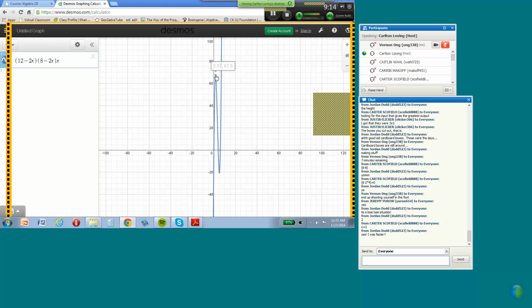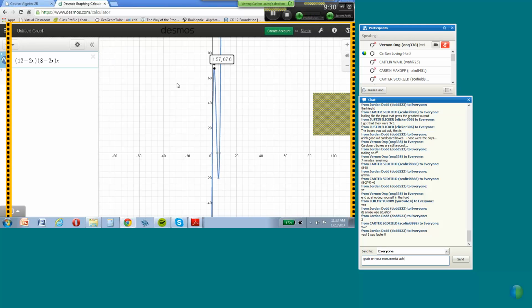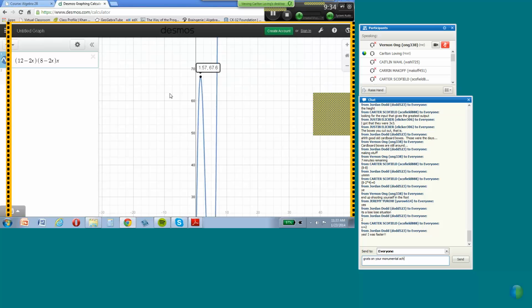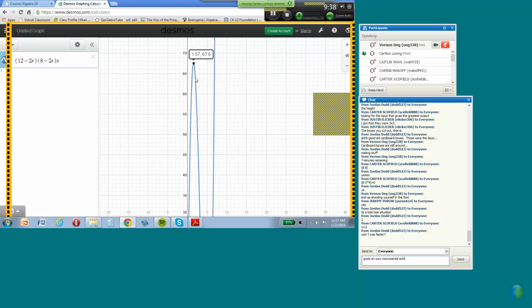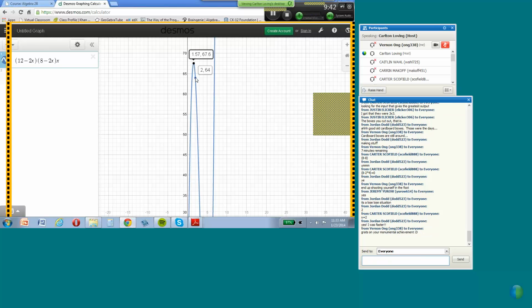And then the question after that, which Jordan and Carter are answering, is to get a box that has a volume of 64. You would come down to, let's see, 64. To get a volume of 64, you would cut 2, right?